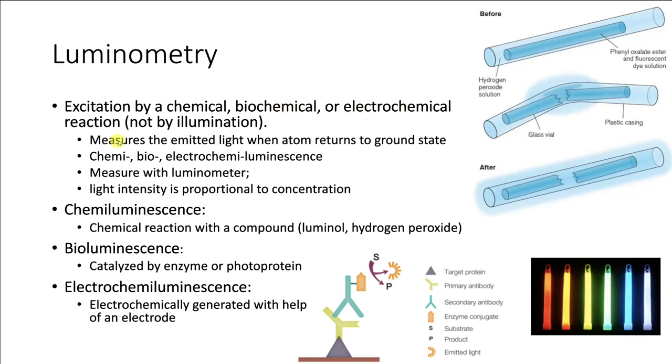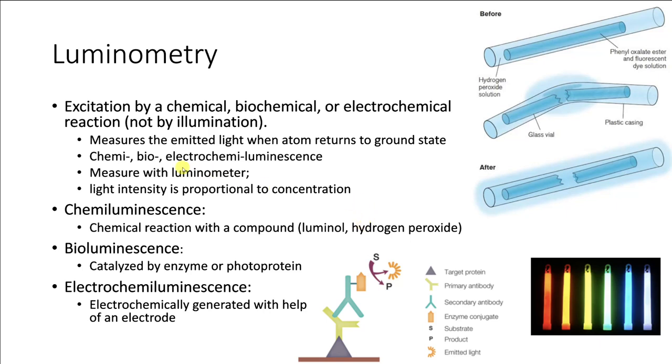We can measure the emitted light as the atom returns back to its ground state. You'll hear the word luminescence, and the specific method of how that luminesces is tied to that word. If it's luminescence caused by a chemical reaction, we'll say chemiluminescence. If it's a biological reaction, then it's bioluminescence, and you can figure out the rest from there.